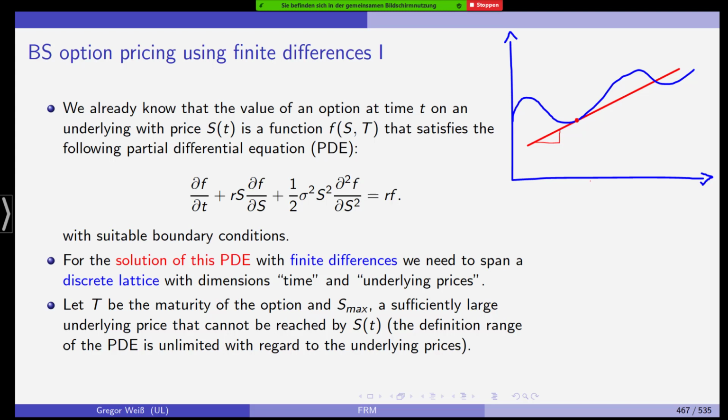Now, how would you approximate the first derivative for any function if you don't know the first derivative? Let's say you don't know this, you don't know this, you don't know this, but you need those three to solve the partial differential equation. What would you do?